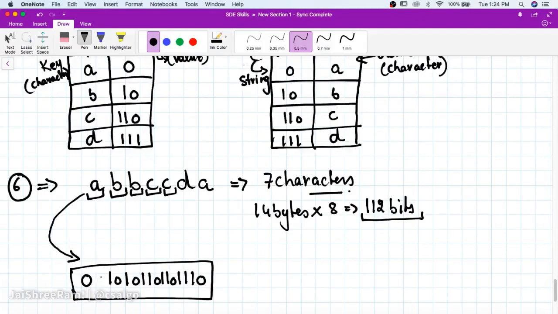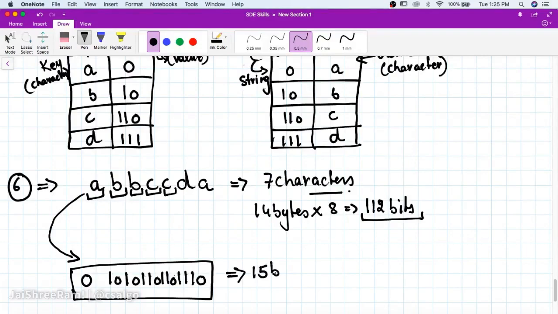These zeros and ones are nothing but bits. Initially they are strings, but at the time of storing in the file we will convert these strings to bits, so that only bits are stored in the file. This will be taking space of 1, 2, 3, 4, 5, 6, 7, 8, 9, 10, 11, 12, 13, 14, 15.